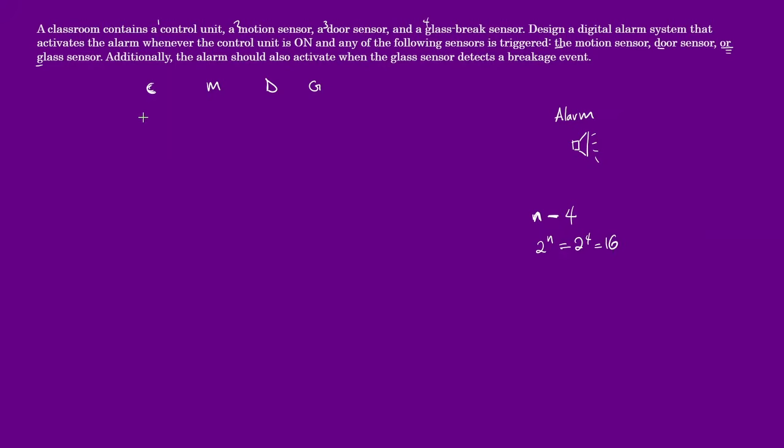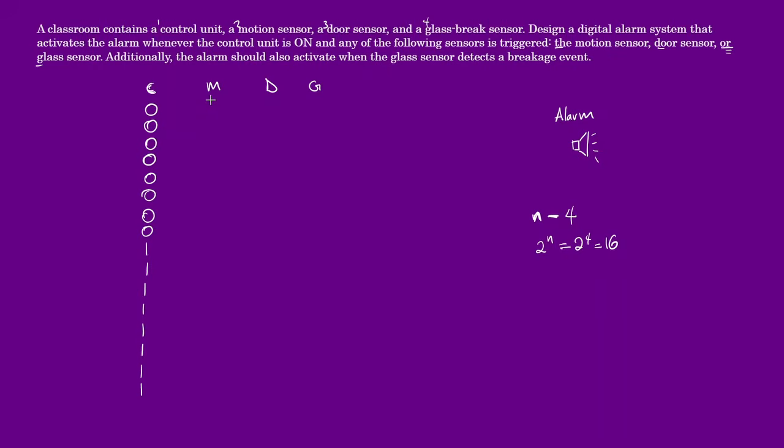Meaning we'll have 8 states where the control unit is off, and 8 where it's on.